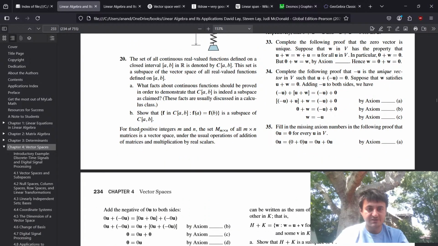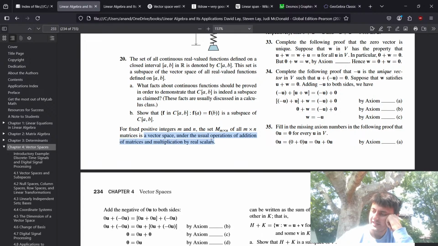Okay, for fixed positive integers m and n, the set m by n matrices, okay, so they're telling us that m by n matrices is a vector space.